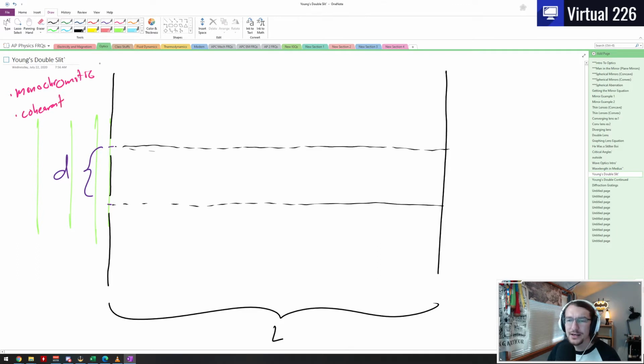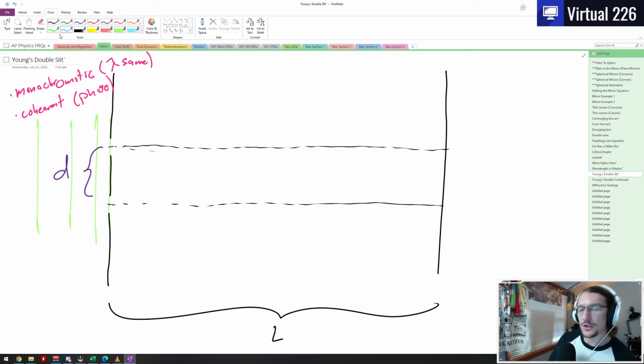So our light not only has the same wavelength throughout, but it's in the same phase of that wavelength all throughout the light beam. We'll talk about exactly what we mean by coherency and phase once we show this setup.